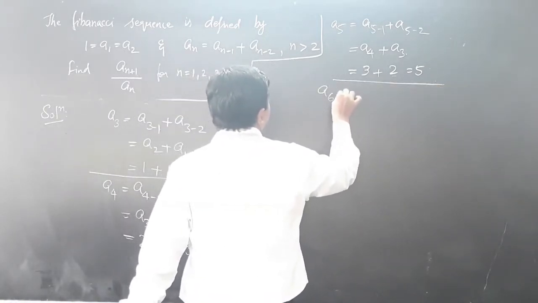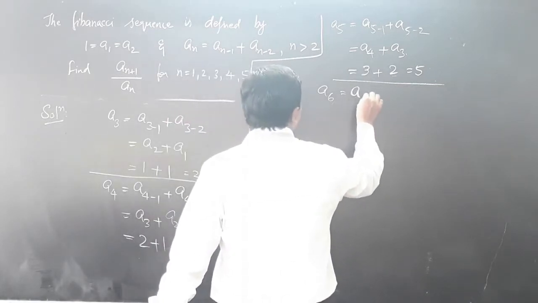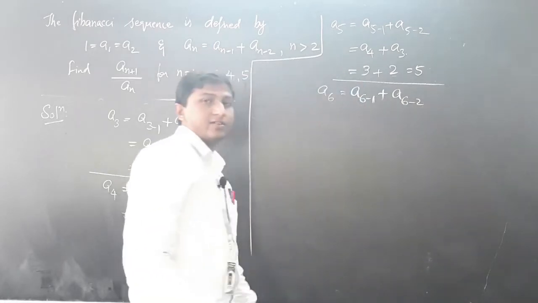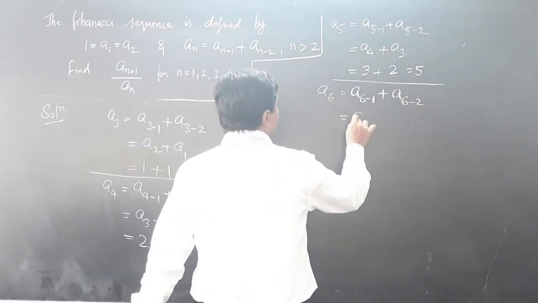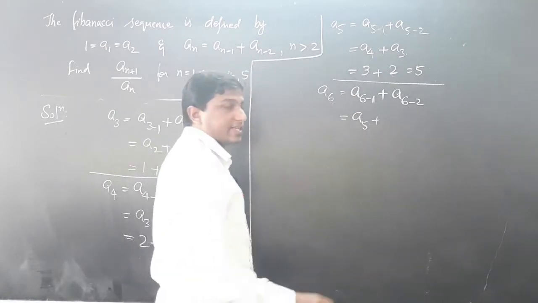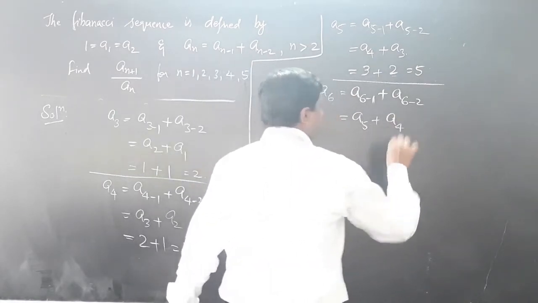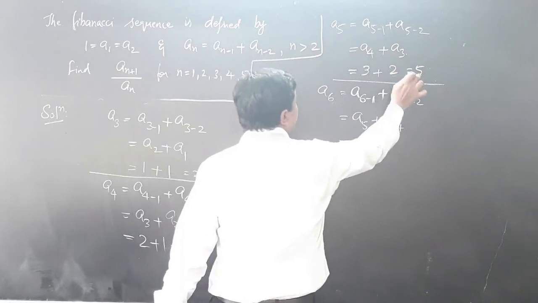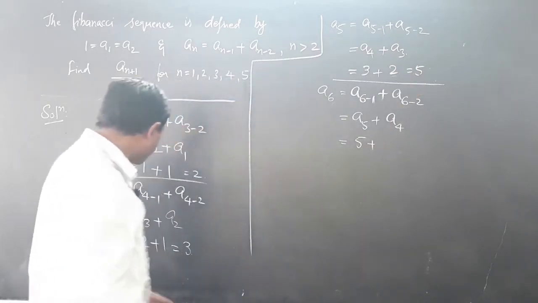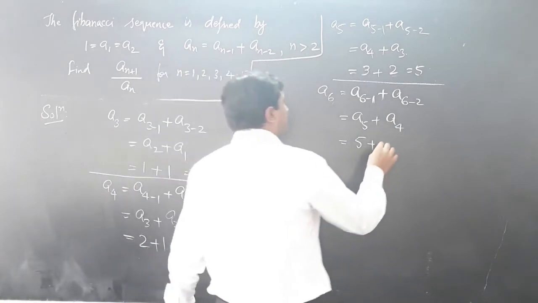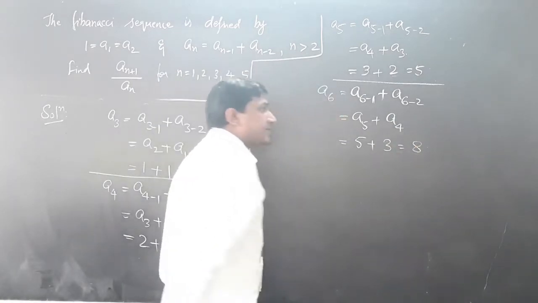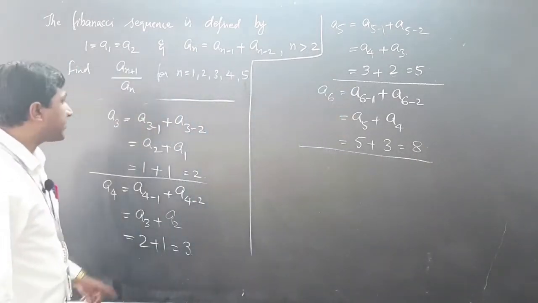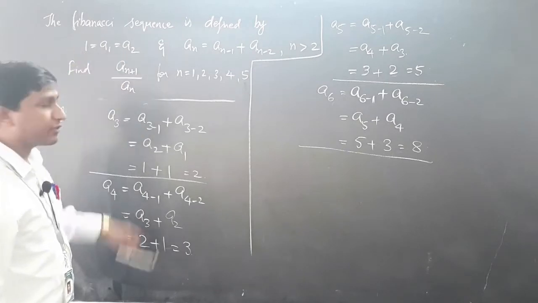Calculating the sixth term, A6 is A6 minus 1 plus A6 minus 2. A6 minus 1 is A5 and A6 minus 2 is A4. What is the fifth term? A5 is 5. What is A4? A4 is 3. 5 plus 3 is 8. So the sixth term is 8. The first and second terms were given in the question.